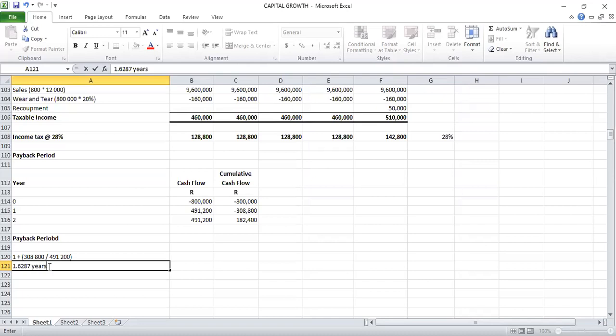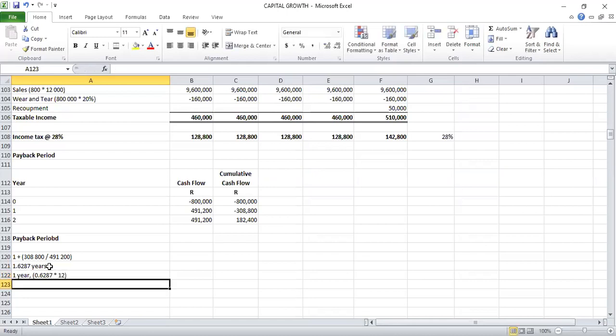But in other exams, they can ask you to express it in years and months. To make it years and months, we would say 1 year, then 0.6287 times 12 to convert that to months. Can you give me the months to 4 decimal places there?